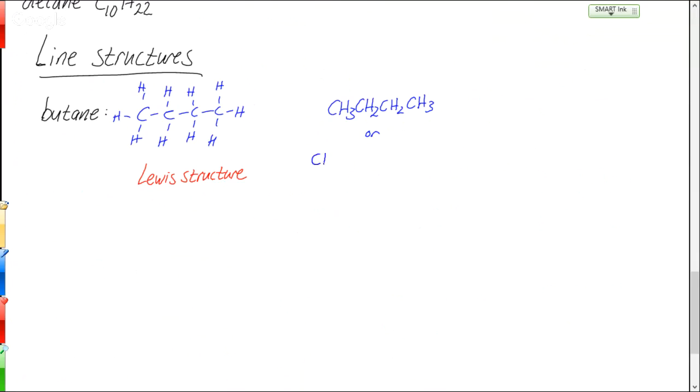There's actually another way to write a condensed structure where you keep the hydrogens condensed, but you still write lines between the carbons like this. That's sometimes helpful when we have a structure that's branching and doing weird stuff. And then we have this line structure.